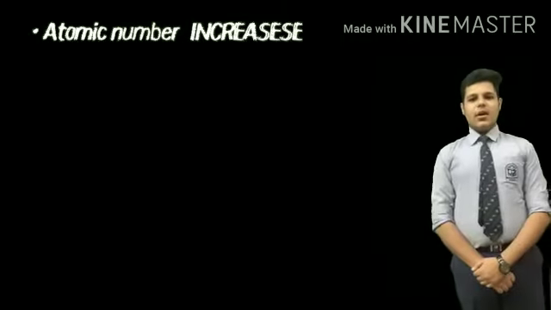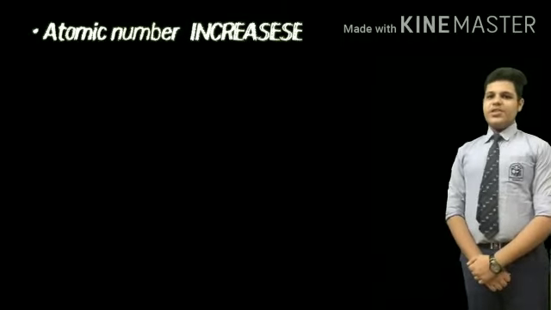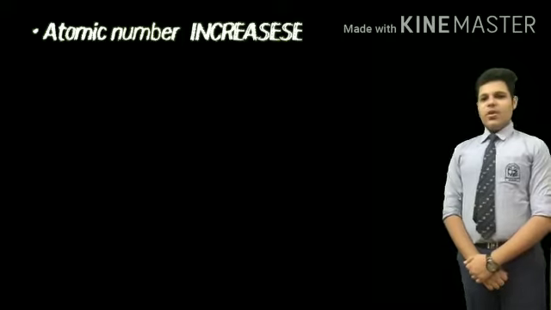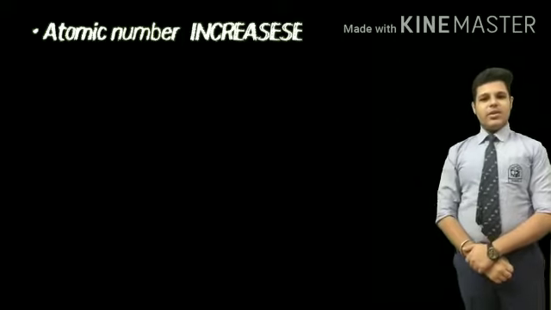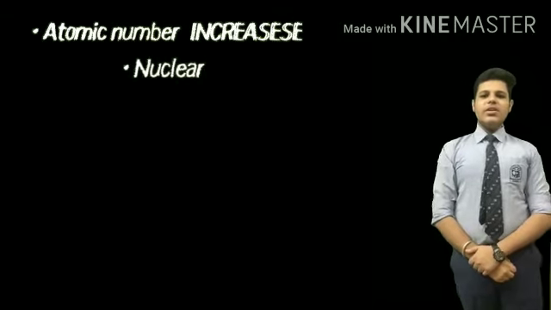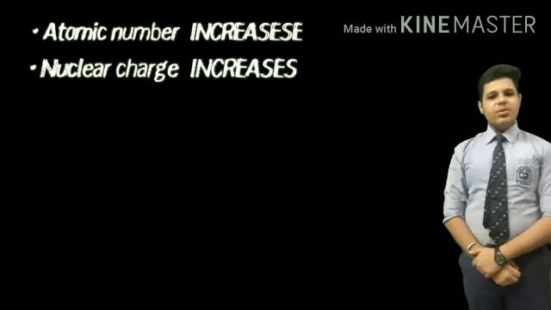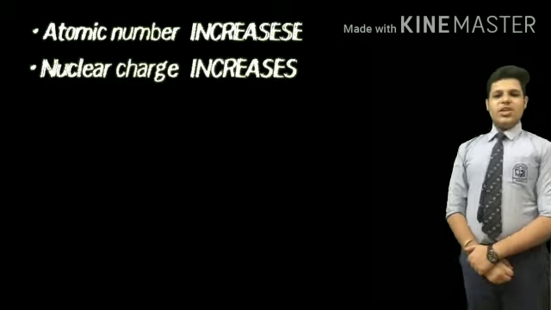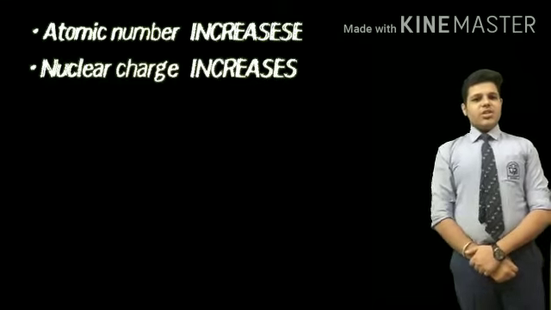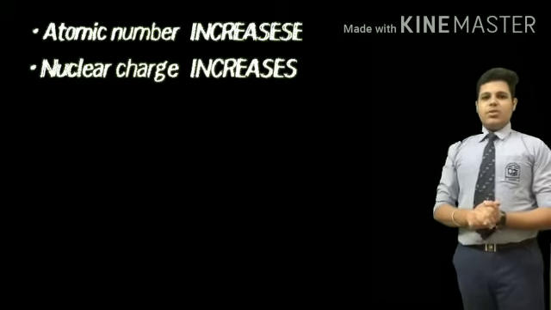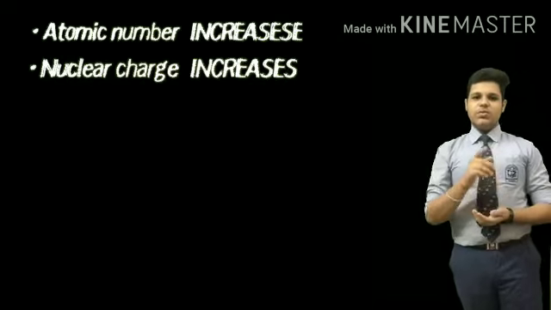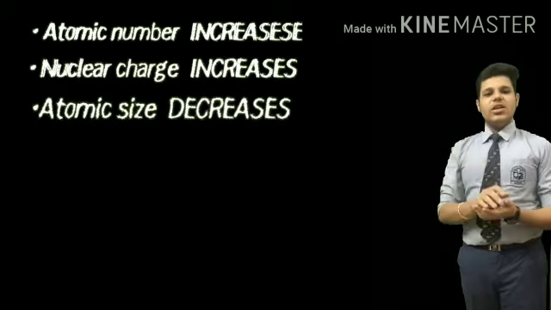Let's revise how ionization energy varies in a period. We know that on moving left to right, atomic number increases. Hence, there is an increase in the nuclear charge of an atom. This increased charge tends to pull the outermost shell towards the nucleus, due to which atomic size decreases.